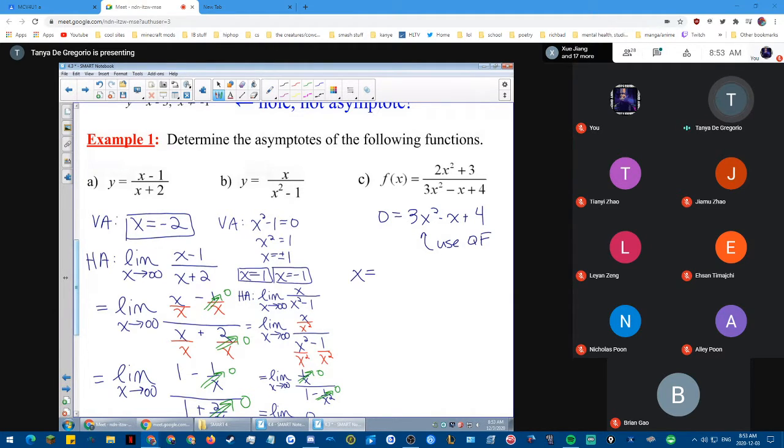So using the quadratic formula, I can see that A is 3, B is -1, and C is 4. So I have x equals 1 plus or minus the square root of 1 squared minus 4 times 3 times 4 divided by 2 times A.